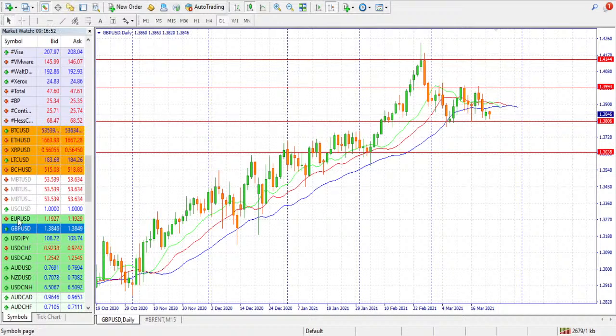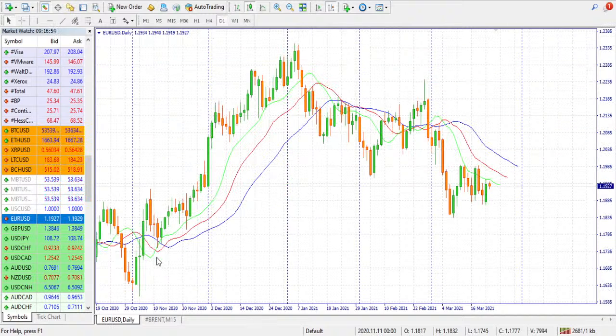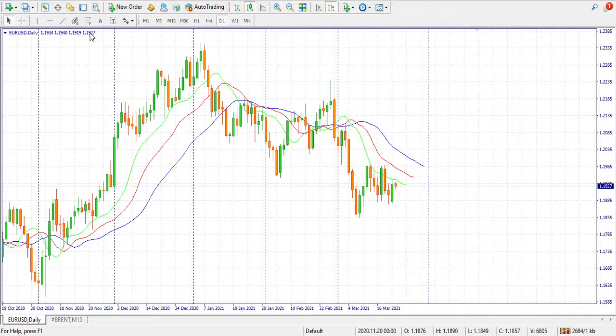I want us to look at the next symbol, which is Euro USD. The same thing which is happening on the GBP USD is happening on Euro USD. The price is consolidating. These are the places where the price consolidated before.